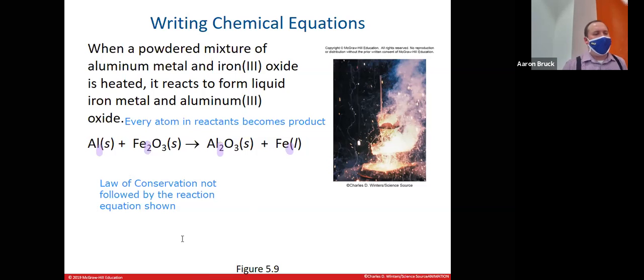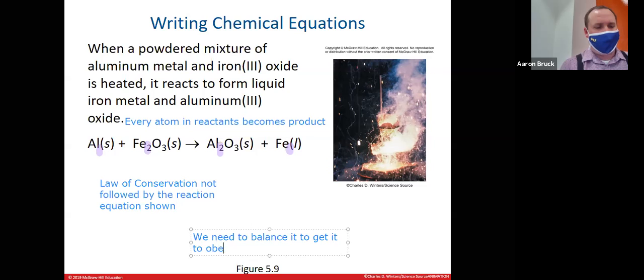And so our conclusion here is that this reaction equation that we've been given does not obey the law of conservation. The way to fix it is to balance the equation to get it to obey that law of conservation.